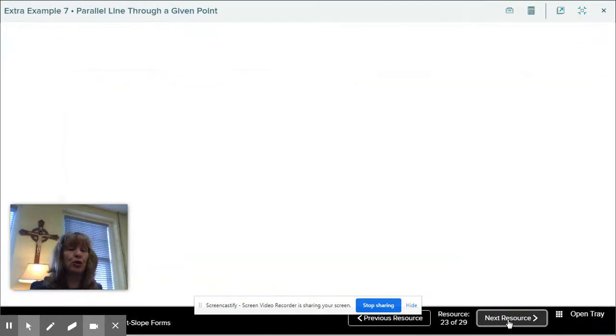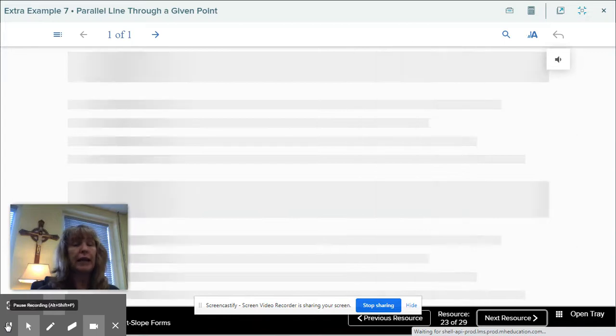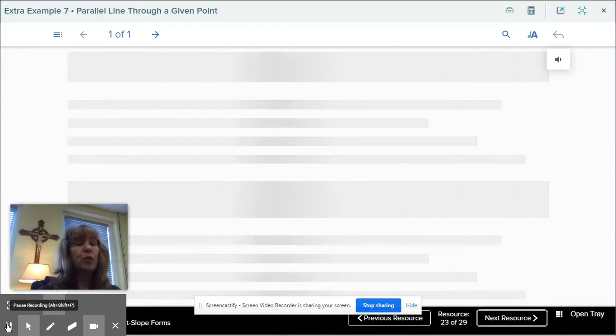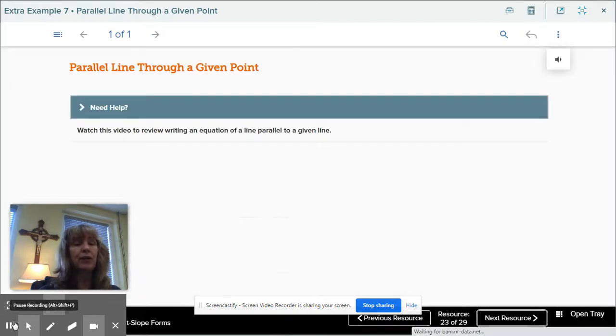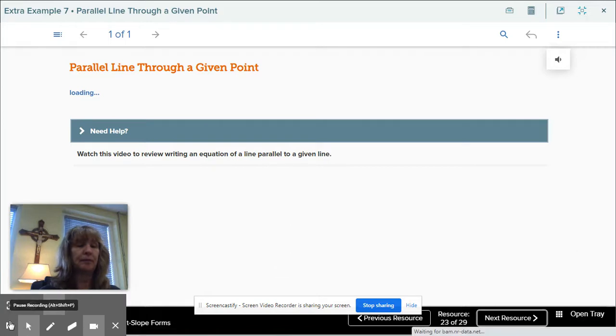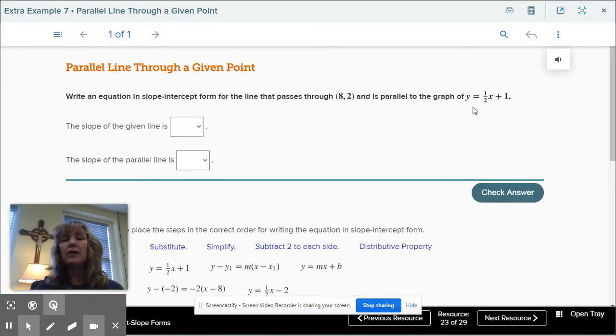So now I want you to try it. Pause the video and try to determine what the new equation is, given one equation and two different points. In this problem, they want to know what would be a parallel equation for this line. You should identify that this is the slope you're going to use as m, this is the x, and this is the y.